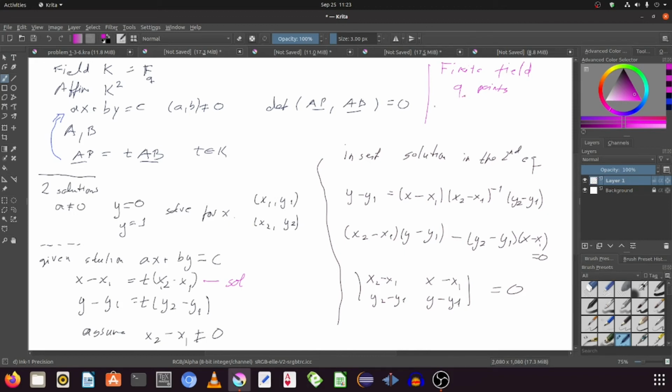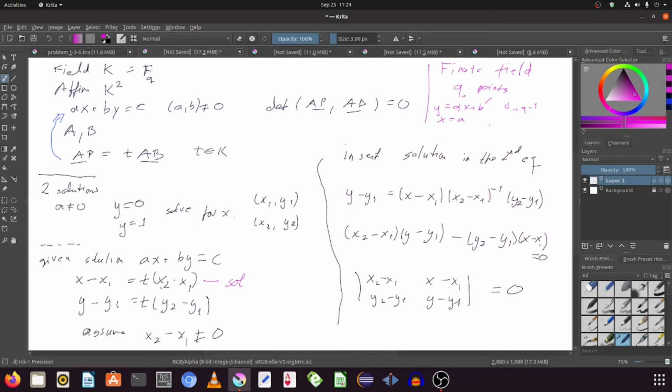So if we write a line like this, where alpha is the slope, then for each alpha, 0 to q minus 1, and b, there are also q points there. So you have q squared lines that are non-vertical, and then we have the x equals a.